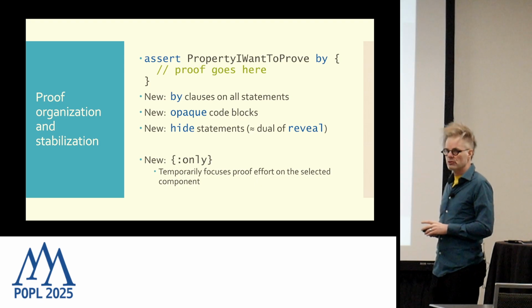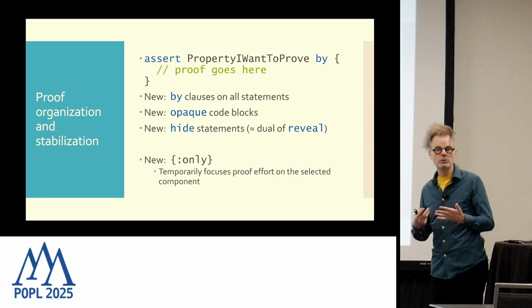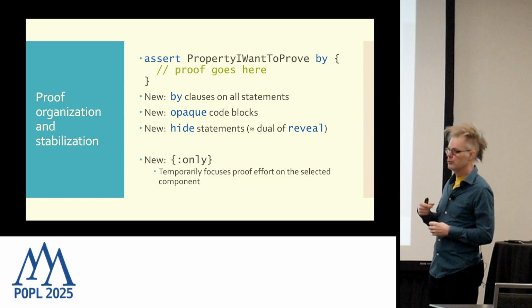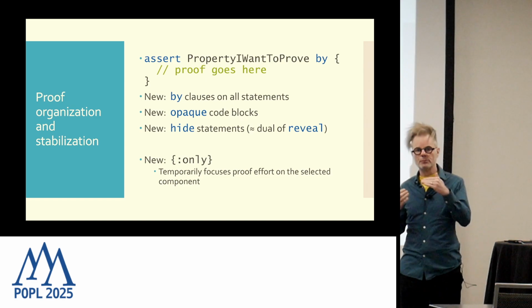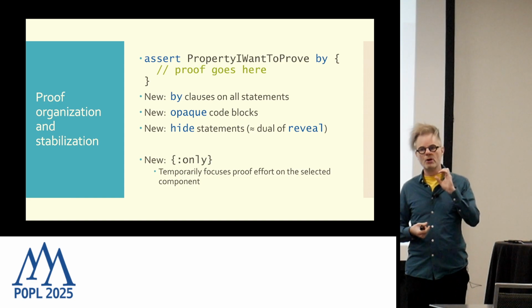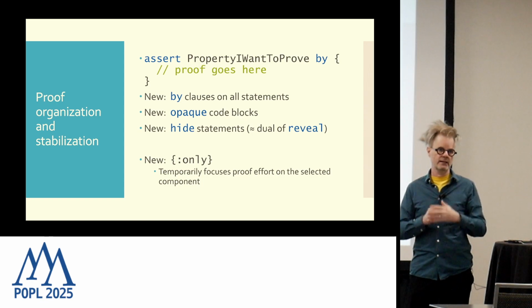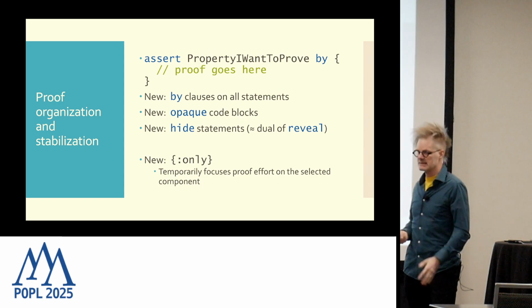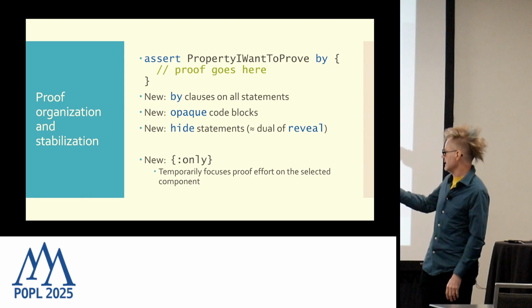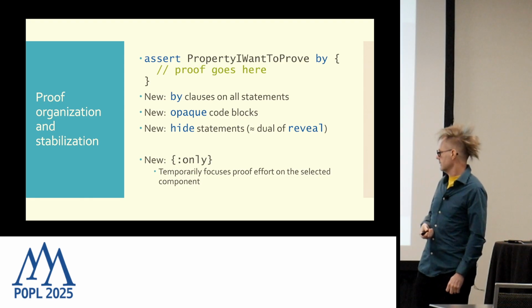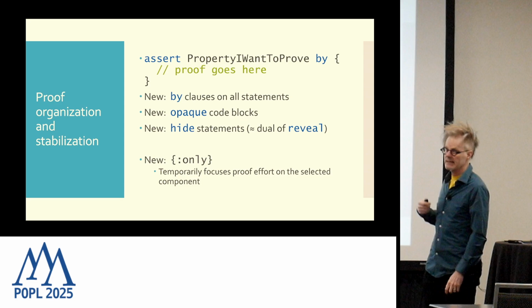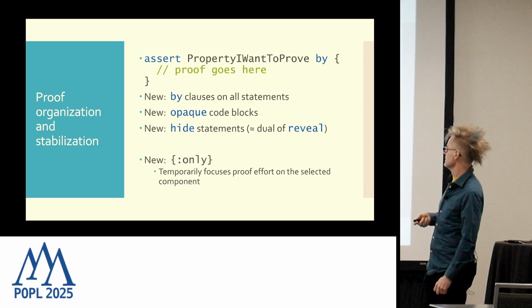So what you can do is mark something as only. This is something that you would do temporarily. Let's say that you're working on a particular method or lemma. You could mark it as only, and then when the verifier runs, it's only going to check that one. That speeds things up, but it's a manual effort to put that in there. But it's something that's also being used in good ways.